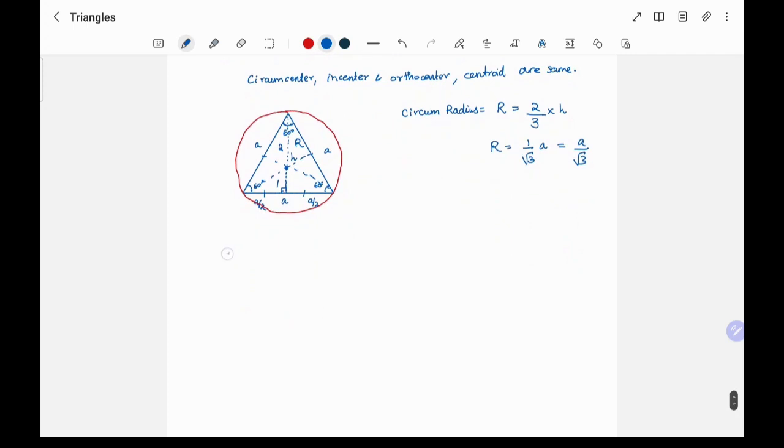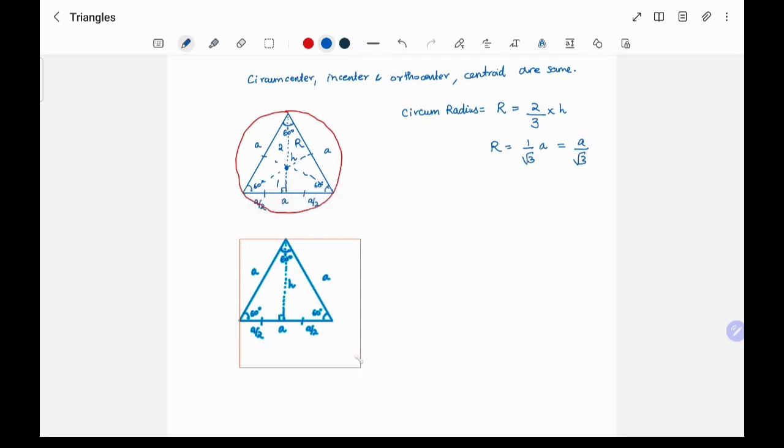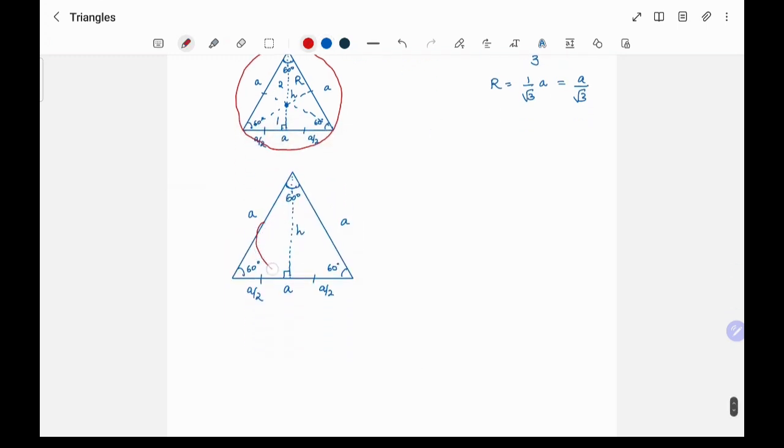And what about the incenter? What can we say about the inradius? So this distance, let's say this small r, is the inradius.